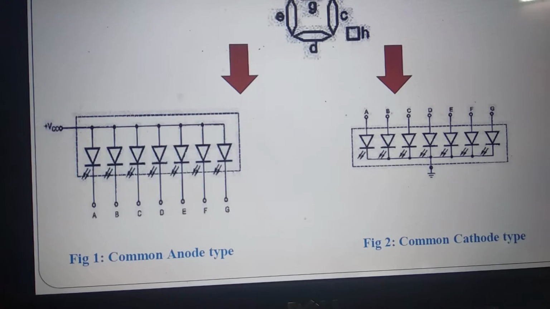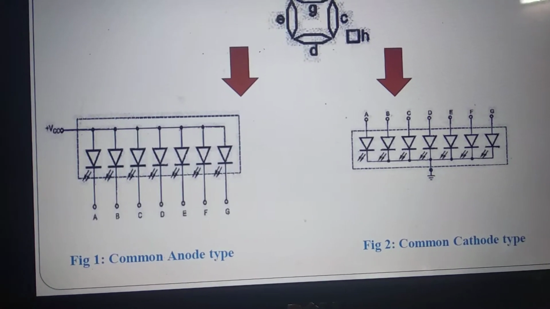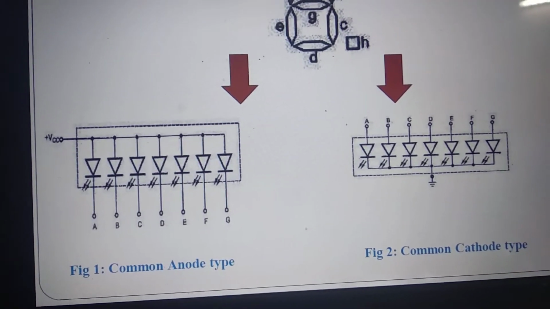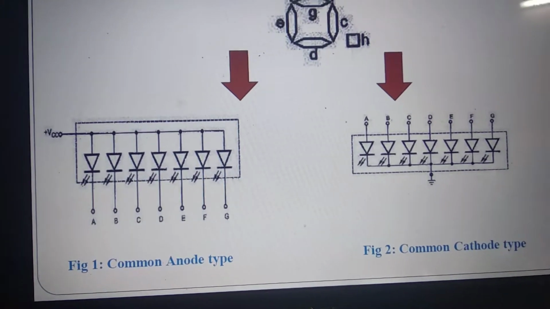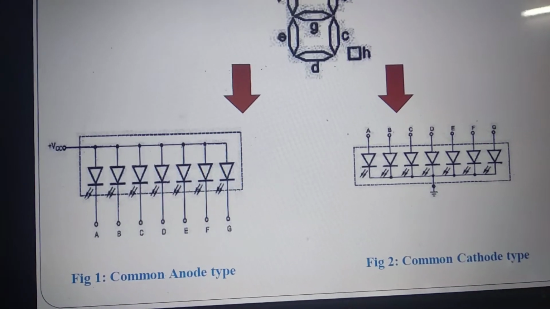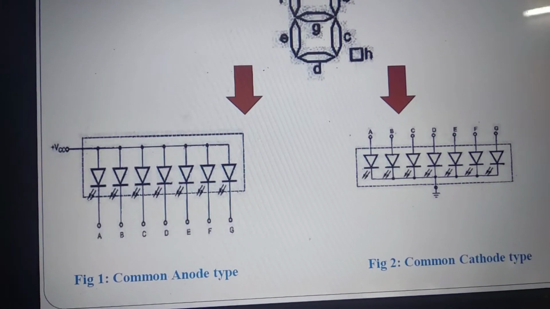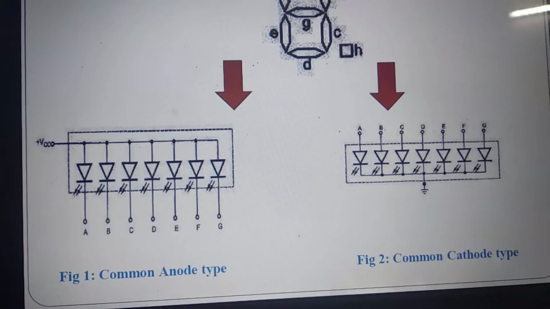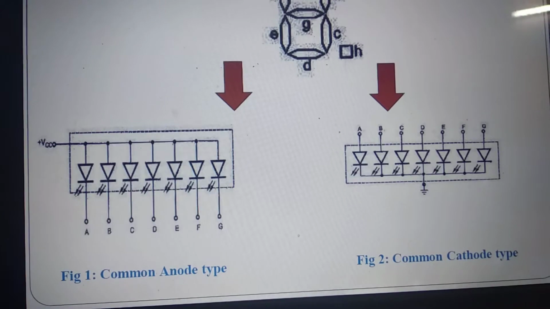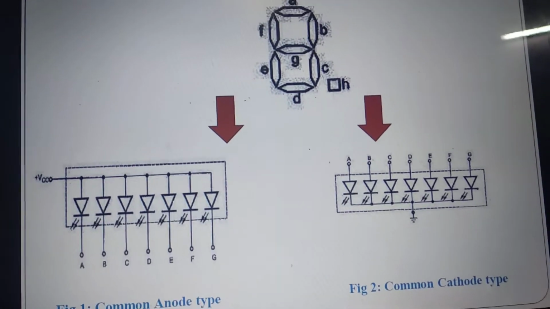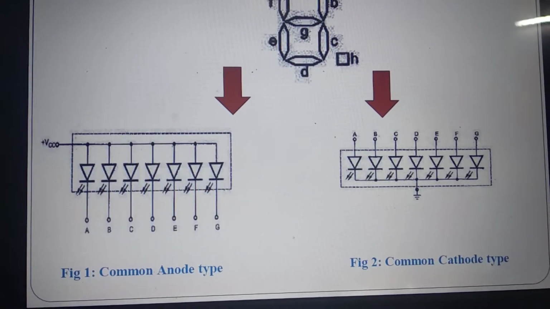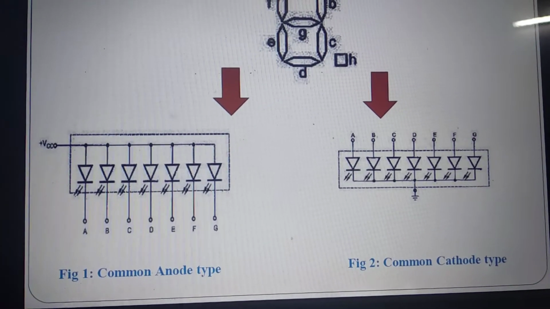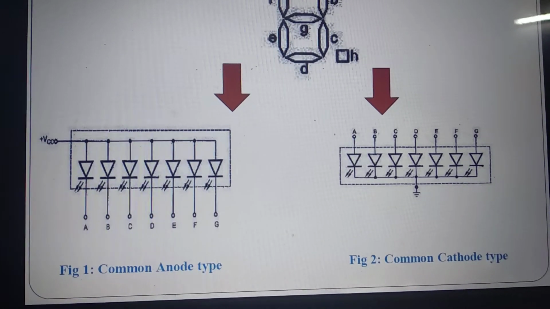So all the anode terminals are tied together and connected to plus 5 volts. When a particular segment's cathode terminal is connected to 0, that LED will be forward biased and it will be glowing. So in a common anode type display, we need to give 0 to glow a particular segment.